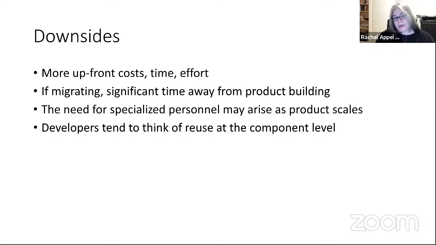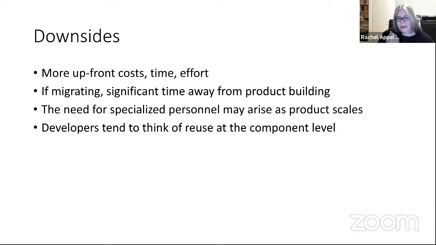As you do go along with more and more products, you might need some specialized personnel that work specifically with the needs of the whole product line instead of individual products. So you would think of, like, Office is a suite, not a product line, but they do have enough shared assets that there are specialized people that work across the whole suite, and it would be a similar thing here. Also, developers, we tend to think about reuse. We think about that component.